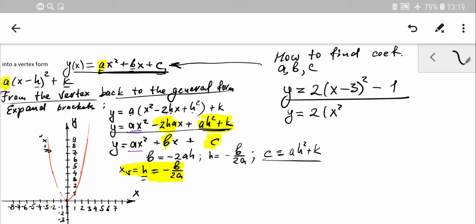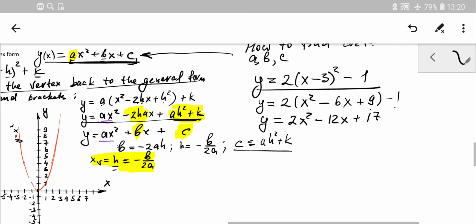So we get x squared minus double x times 3, so we get minus 6x, and finally we add 9, right? Minus 1. Then we simplify and we get 2x squared minus 12x, and 2 times 9 gives 18. So 18 minus 1 gives 17.